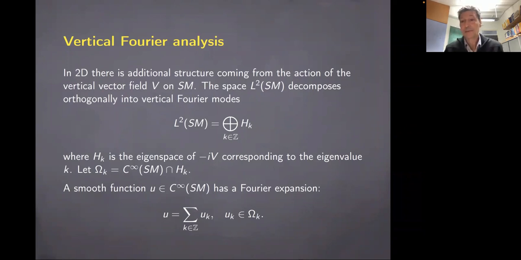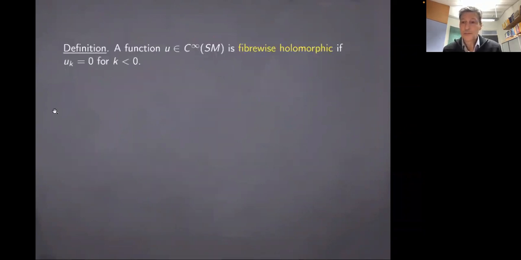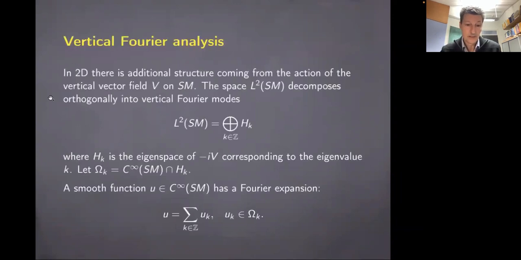You have negative Fourier modes and positive Fourier modes. So in particular, it makes perfect sense now to talk about fiber-wise holomorphic functions. I would say that a function in C-infinity of SM is fiber-wise holomorphic if all the negative Fourier modes in this Fourier expansion are 0.